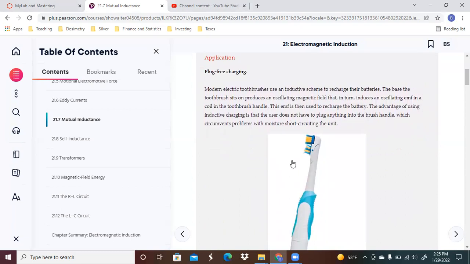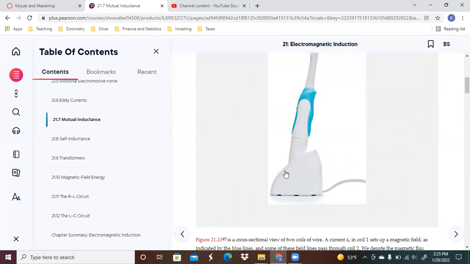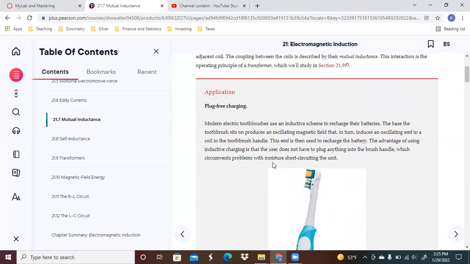So what does all of this mean to you? One application is the modern electric toothbrush, which uses an inductive scheme to recharge the batteries. The base that the toothbrush sits on produces an oscillating magnetic field that in turn induces an oscillating EMF in a coil in the toothbrush handle.